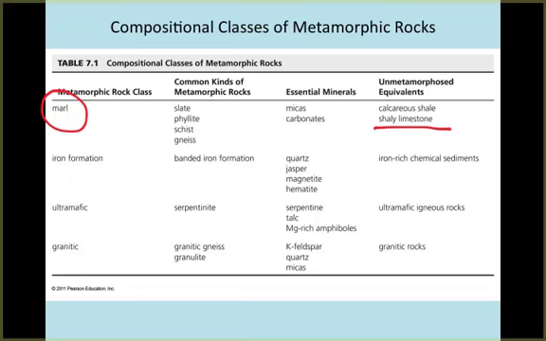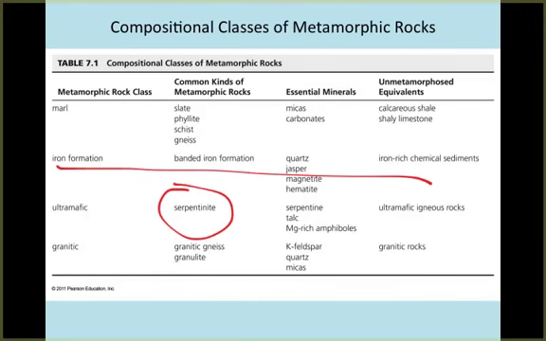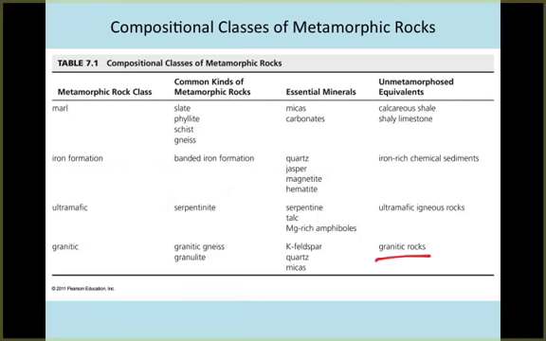And again, because of the shale, it's going to have a lot of aluminum, potassium, and you get these foliated metamorphic rocks, slate, phyllite, schist, and gneiss. I'll skip over the banded iron formation because that's not terribly common. Ultramafic rocks, when you have an ultramafic protolith, you get serpentinite. And then finally, with a granitic protolith, you're going to see granitic gneisses or granulites. Those also get called quartzo-feldspathic gneisses.